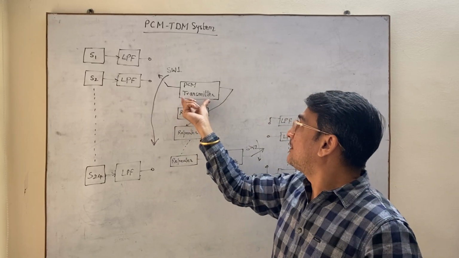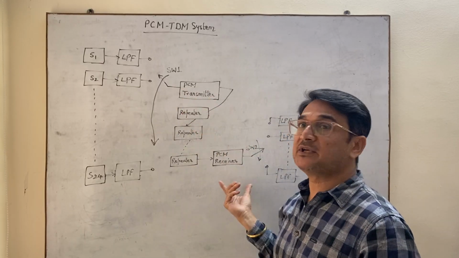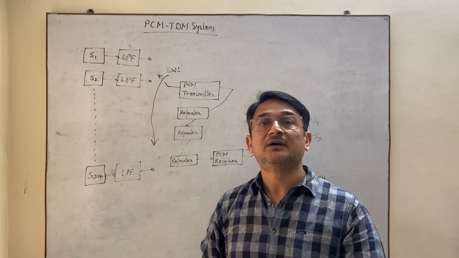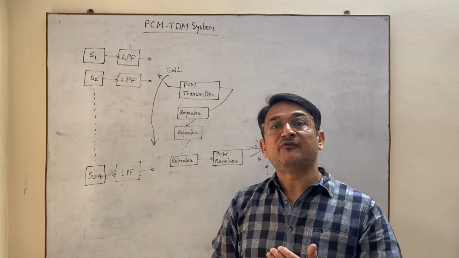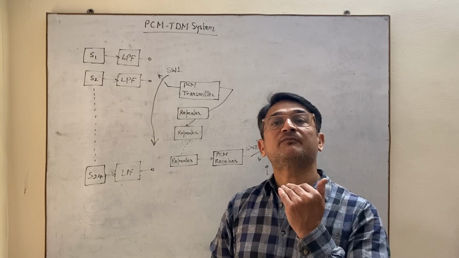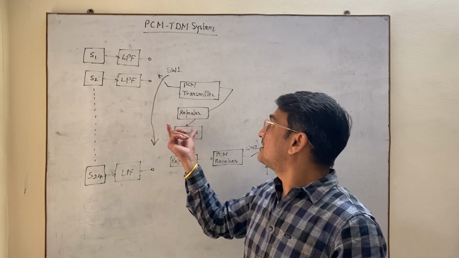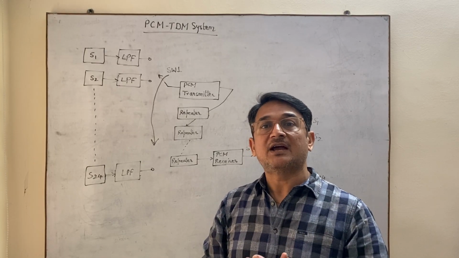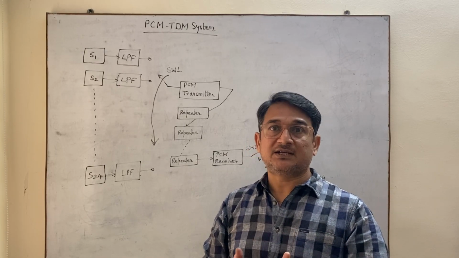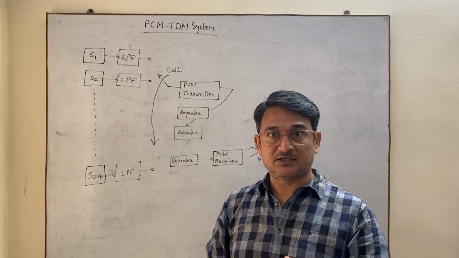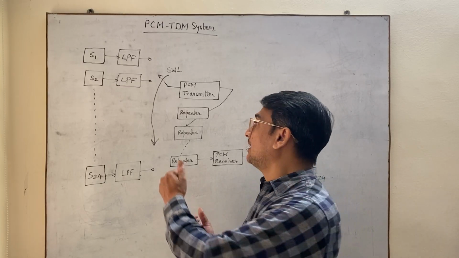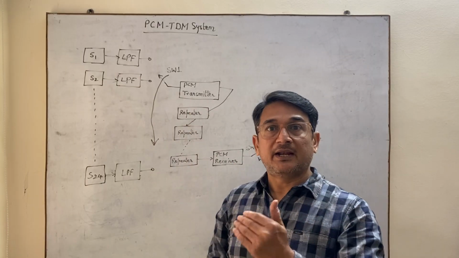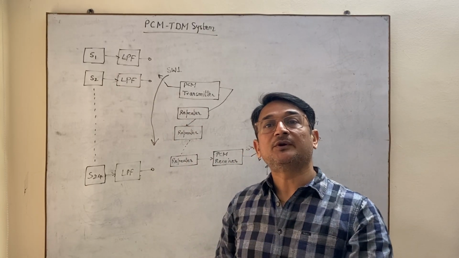There are a few repeaters you can see. It depends on the distance between the PCM transmitter and receiver, because after every 6,000 feet the signal becomes weak and some distortion may also be introduced. So these repeaters regenerate the signals after every 6,000 feet, and if the signal has any unwanted signals or impurities, those are removed by the repeaters.